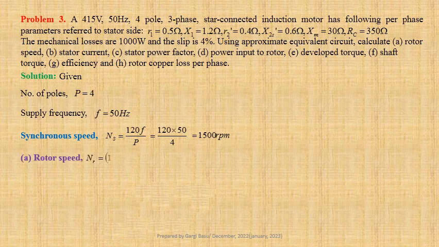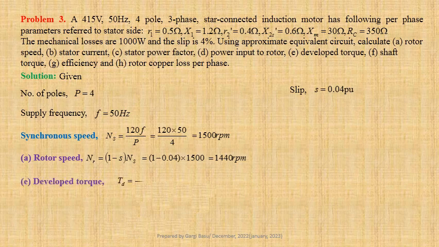Nr equals 1 minus S times Ns. Given slip S equals 0.04 per unit. Therefore, Nr equals 1 minus 0.04 into 1500, that is equal to 1440 revolutions per minute.